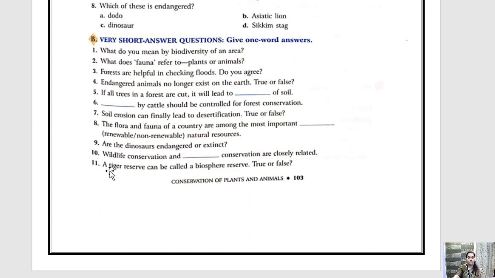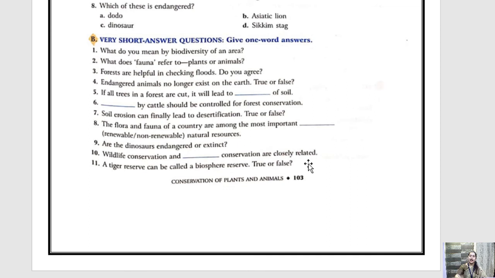Question number 10. Wildlife conservation and dash conservation are closely related. So the answer is forest conservation. Wildlife conservation and forest conservation are closely related. How are they closely related?